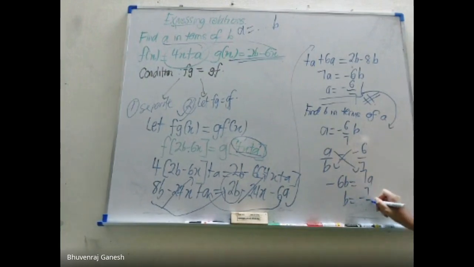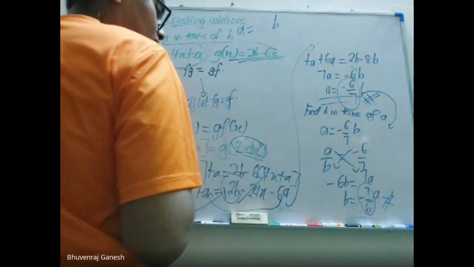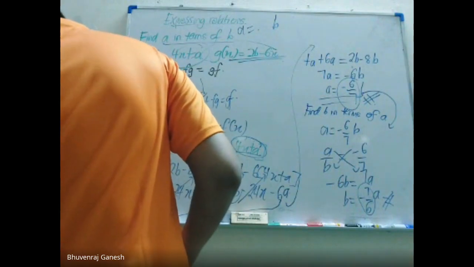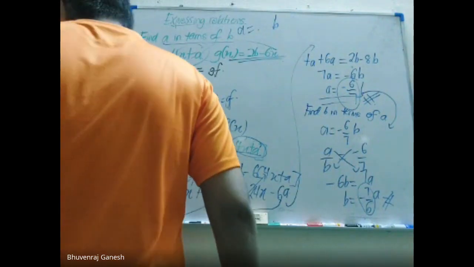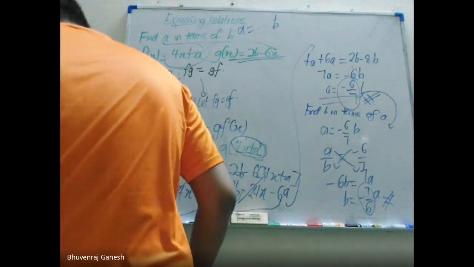Done. You just inverse the fraction. Here is negative 6 over 7. Here is negative 7 over 6, if you want to shift it in. So that's how you do it. So it's the same thing, same concept. So this is the thing of expressing relations.